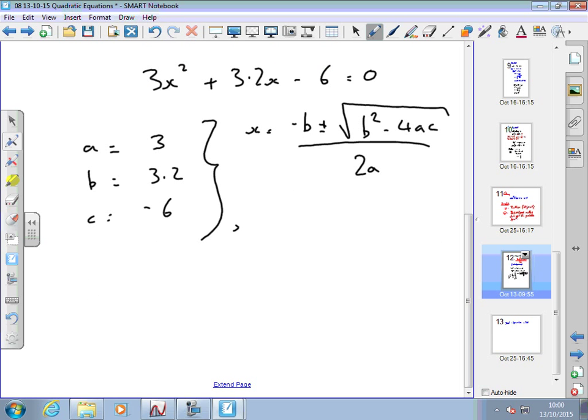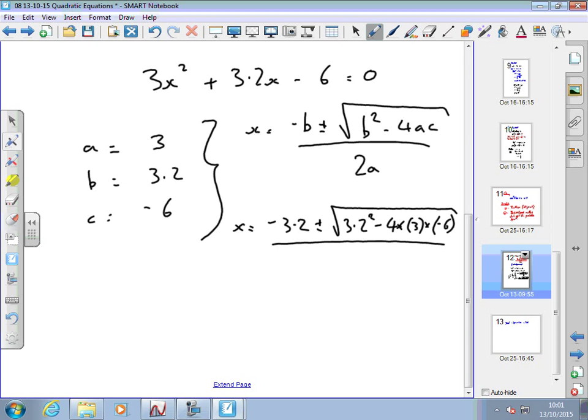Now I put my values in. Minus whatever b is, plus or minus the square root of b squared, 3.2 squared, minus 4 times a, which is 3, times c, which is minus 6, all over 2a, 2 times 3.